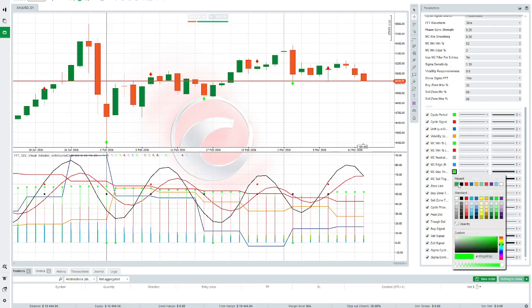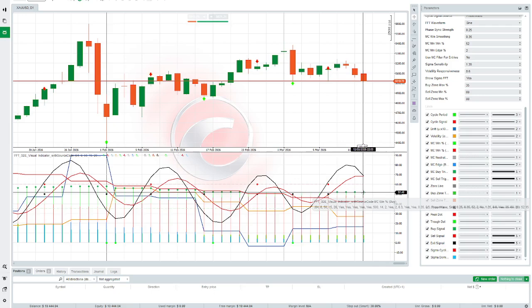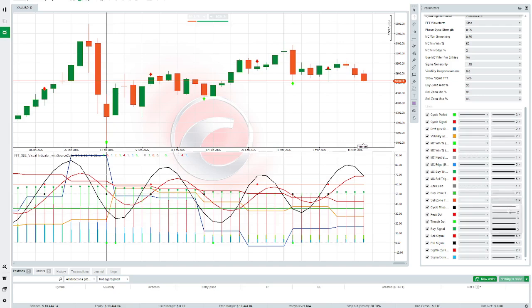Buy probably is this one. So you have the buy signals here, the dots here. You have a buy zone and a sell zone, which are these lines popping up. I will put it a bit larger.